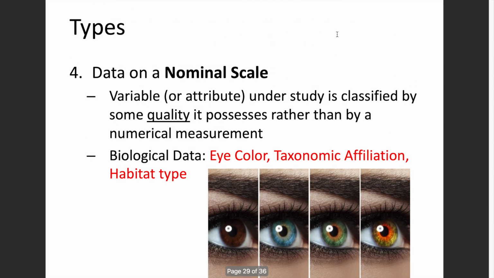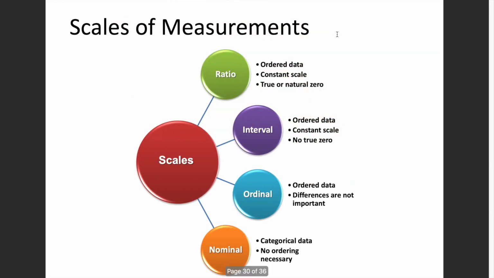And the last one for types of data is our data on a nominal scale, in which we have a variable or attribute classified by some quality rather than biological measurement. It's qualitative in nature. For example, eye color, taxonomic affiliation, habitat type, things like that. Okay, that's nominal scale. We rely on quality.